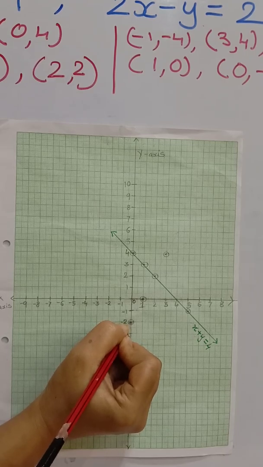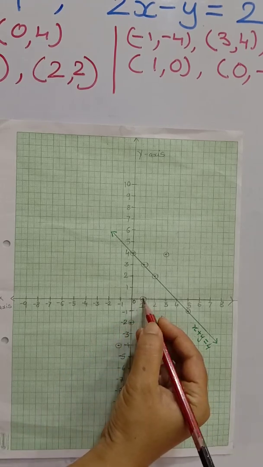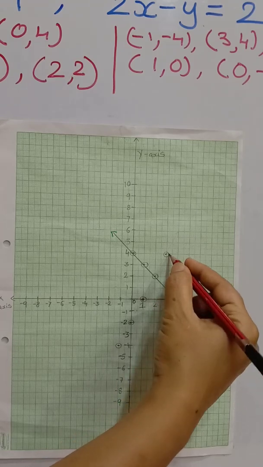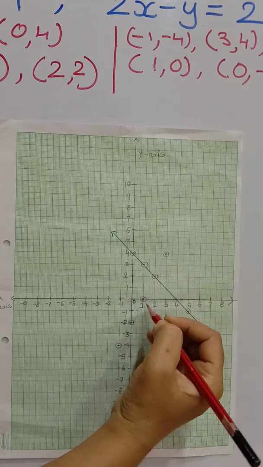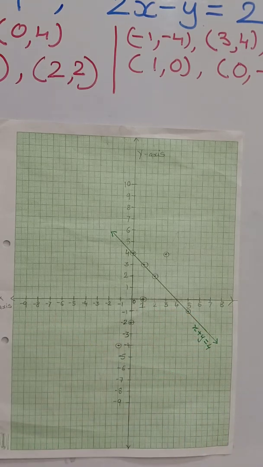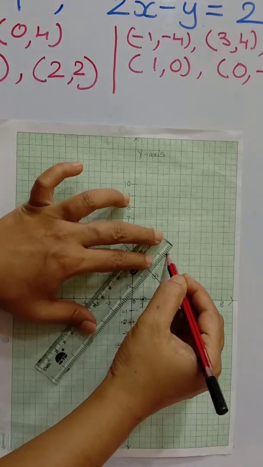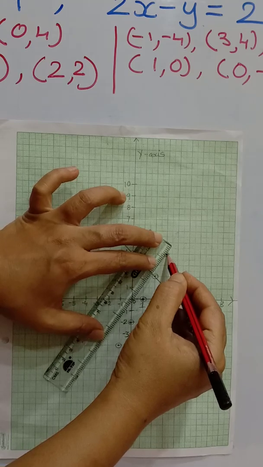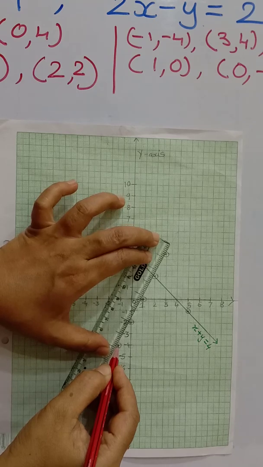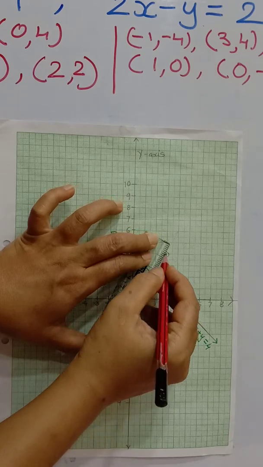So which are the 4 points? This is 1. This is 2. Then we had this is 3 and minus 1, minus 4. 1, 2, 3 and this is 4. So let's quickly draw a line passing through these points as well. So see, we have this is first, then we have 1, 2, 3 and 4.